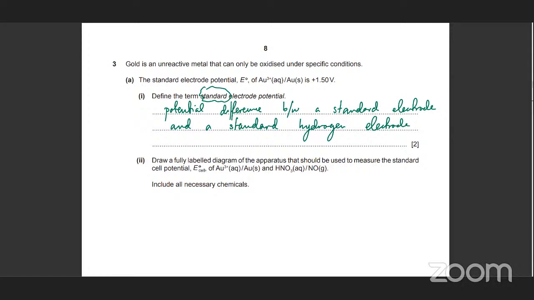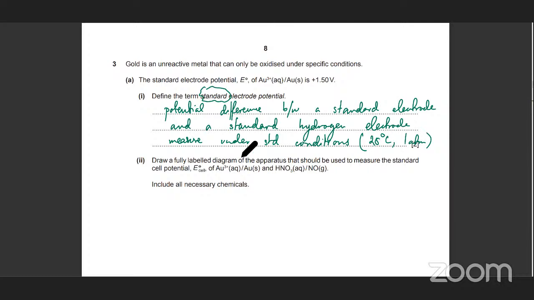That's the potential difference measured under standard conditions. Here you give the reference of what standard conditions are, and you can quote them: 298 kelvins and 1 atmosphere pressure, 1 mole per dm cube if it's a solution.